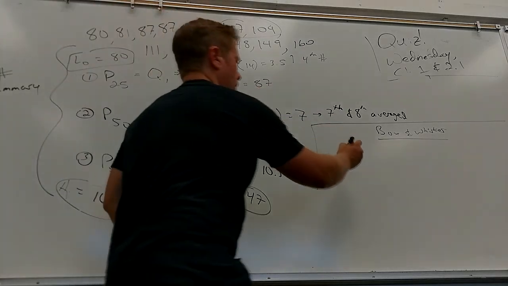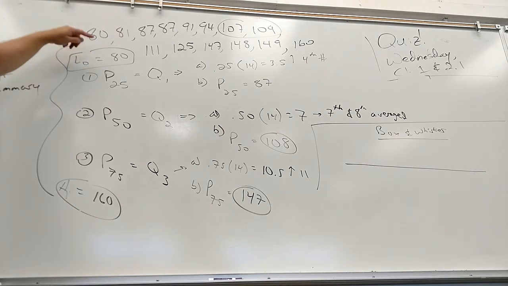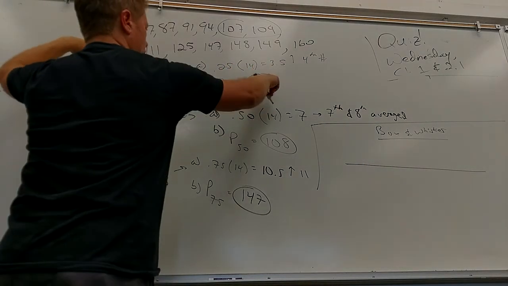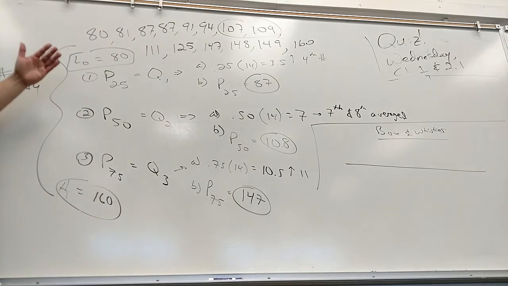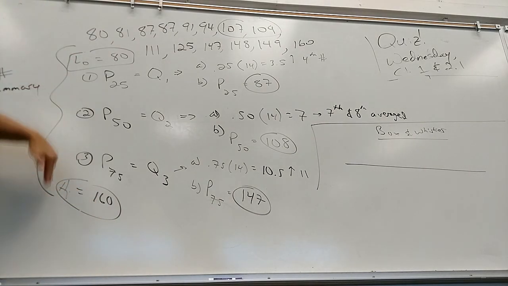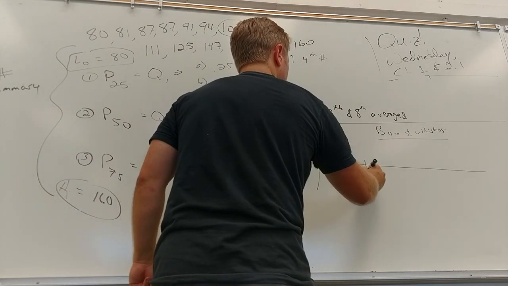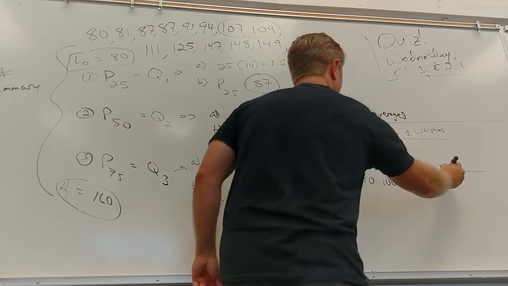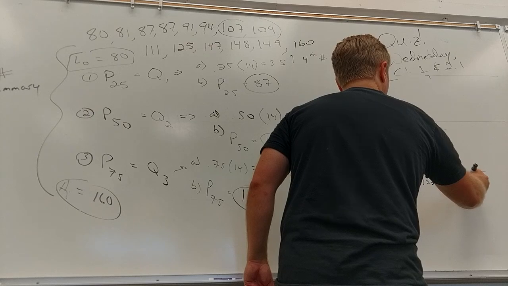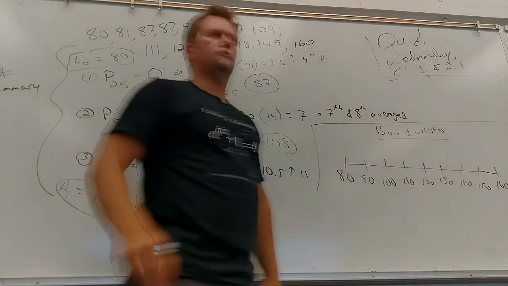Do this for me. What kind of scale would I create if I wanted to include all of these data points? 80, 87, 108, 147, 160. That's pretty easy. From 80 to 160 I can go, and maybe I can go by tens.